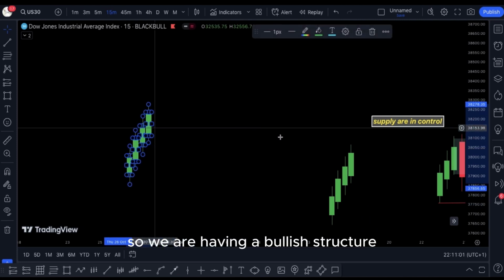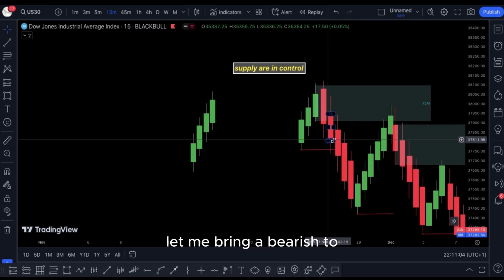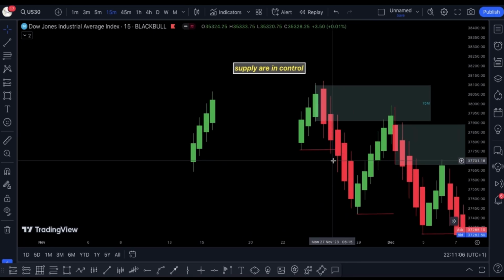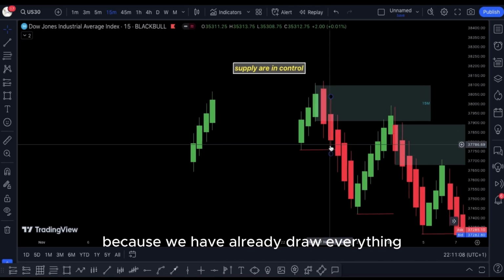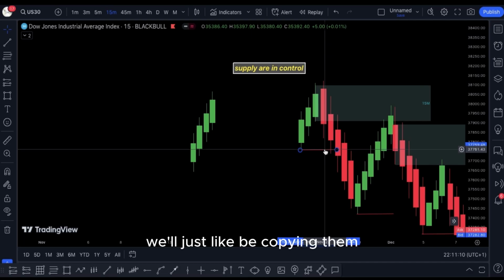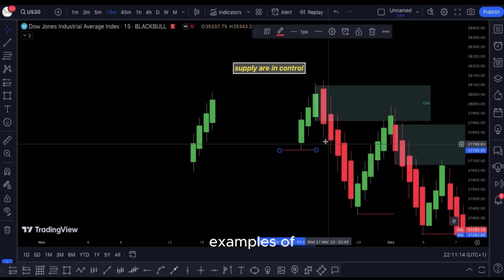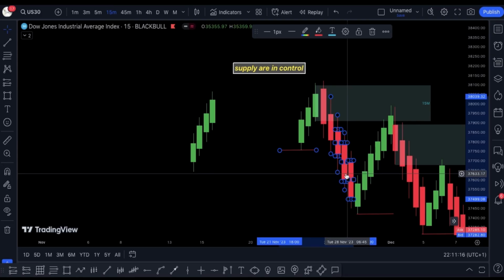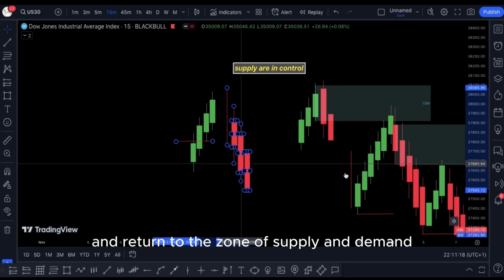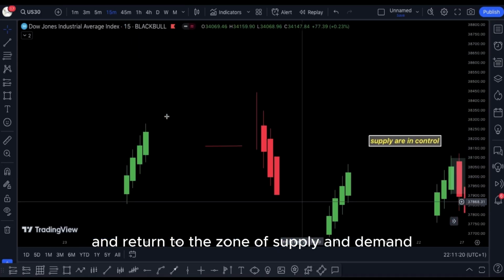So we are having a bullish structure. Let me bring in a bearish one too, a bearish structure, because we have already drawn everything. We'll just be copying them and I will be giving you examples of return to the zone of supply and demand.